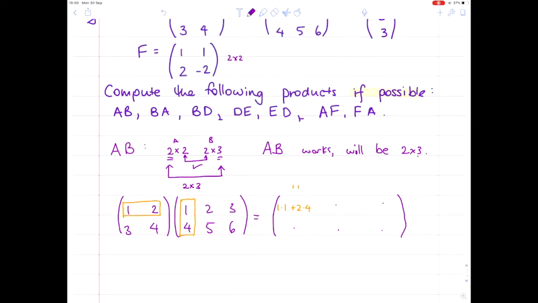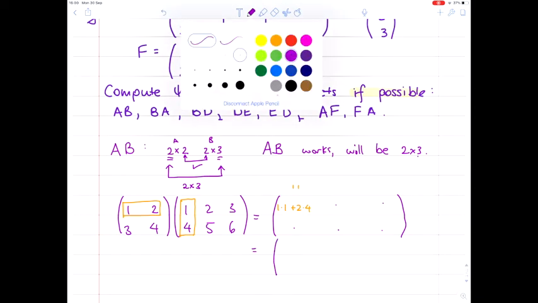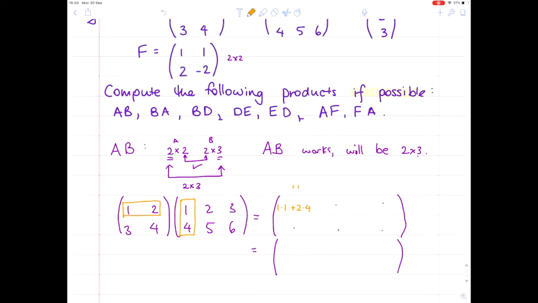And let me just have the simplified matrix that we're going to get down here when we're done. So that's going to give us an 8 plus 1, so that's going to give us a 9 as our first entry.